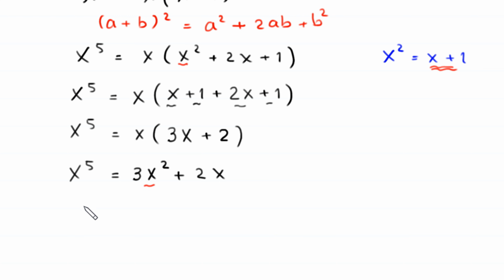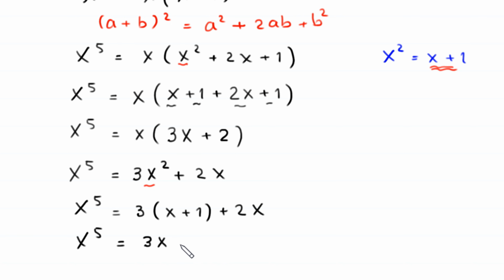So this will become x to the power 5 is equal to 3 times x plus 1 plus 2 times x. Next, x to the power 5 is equal to 3 times x will become 3x, and 3 times 1 will become plus 3 plus 2 times x.